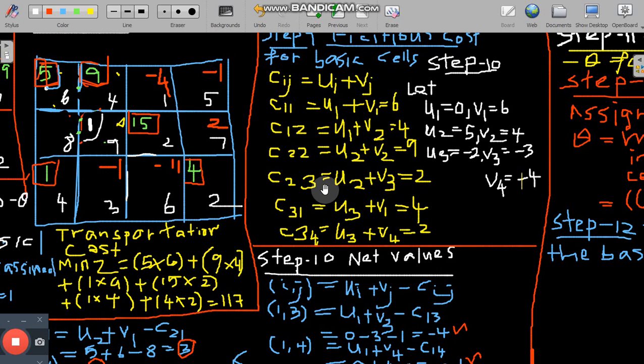This is the transportation cost per unit of computers from here to there. Now the next basic cell is C31, so C31 equals U3 plus V1, and what's the transportation cost per unit?